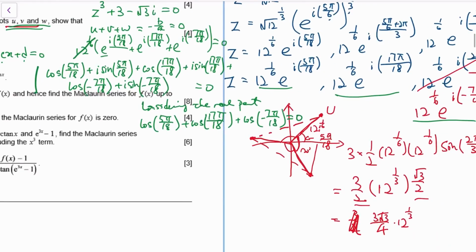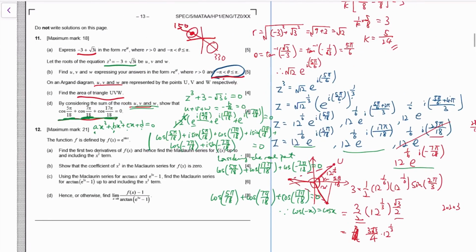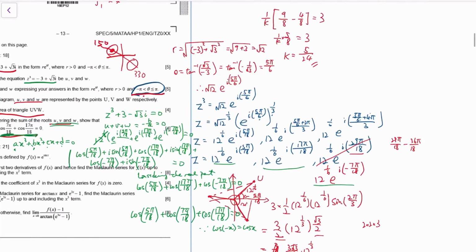But that's fine because for cosine, the positive and the negative are the same, since cosine of negative x is the same as cosine x. That's the question. It is quite long. Finally, something HL worthy.